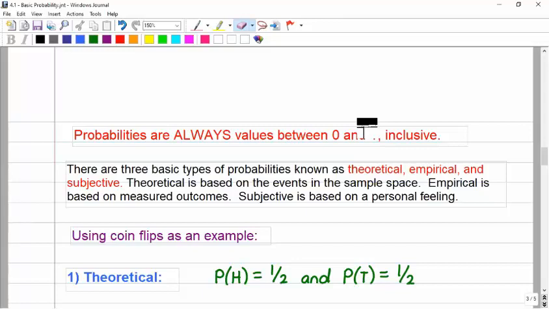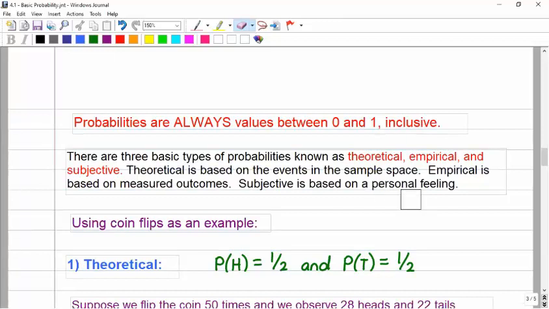Theoretical is based strictly on the number of events in a sample space. Empirical is based on measured outcomes. And subjective is based on just a personal feeling. Let's go through each one of these, and I'll use other examples in addition to this one.